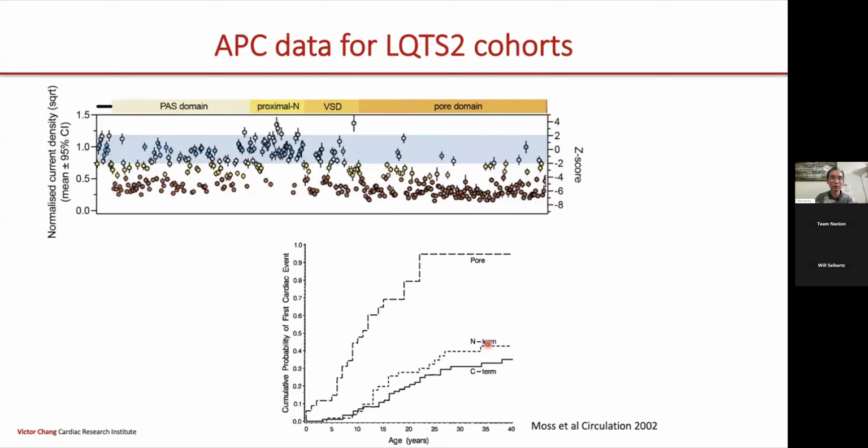But now if we look at the N terminus variants here, you can have a mixed phenotype. If it's in the structural region, it depends on your amino acid changes. It can be severe or normal in terms of what we measure by patch clamp. But if it's in the unstructured region, most of them we found are normal function.